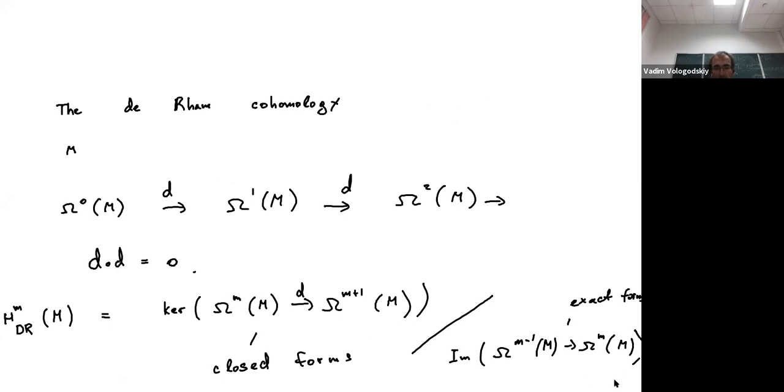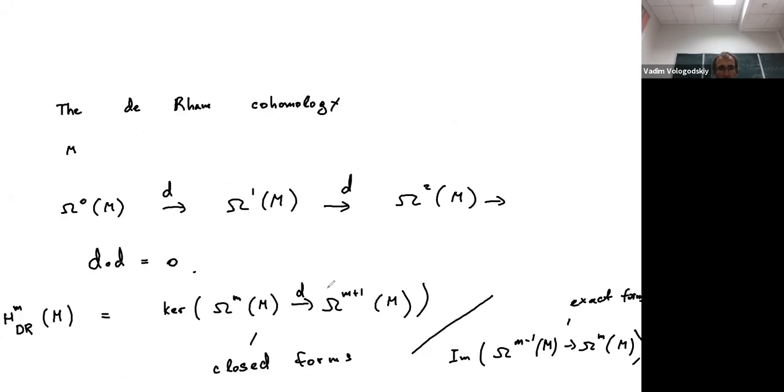Let's look at some examples. Let's take for my manifold M just R. So H0 de Rham of M is just the kernel of this map by definition. I declare omega minus 1 of M to be 0.